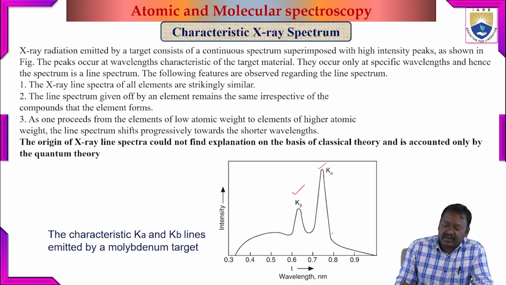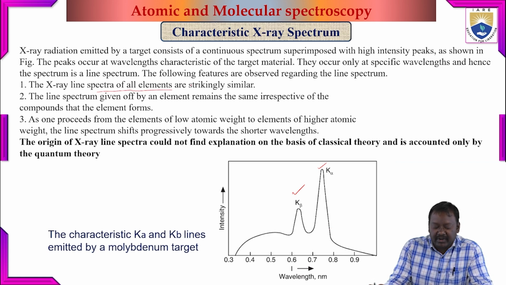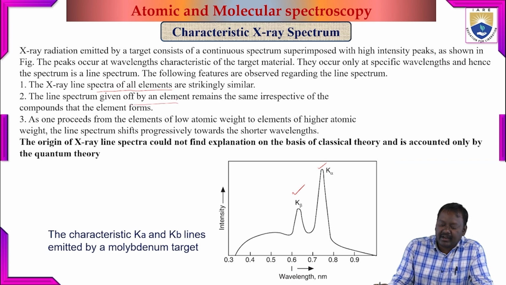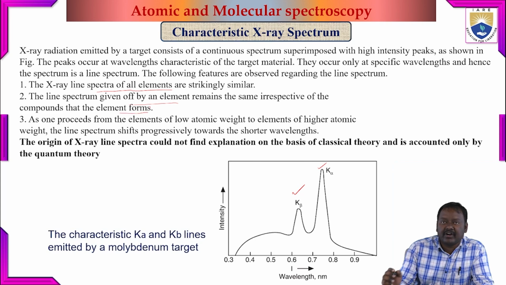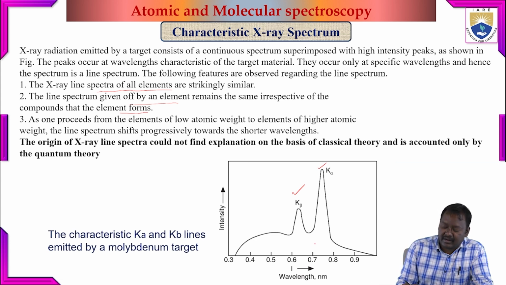The important observation from this line spectrum is that the X-ray line spectra of all elements are strikingly similar. The line spectrum given off by an element remains the same irrespective of the compounds that the element forms. So whatever element we take, whenever the X-ray emission spectrum is observed for that element, we get a similar type of spectrum like this.